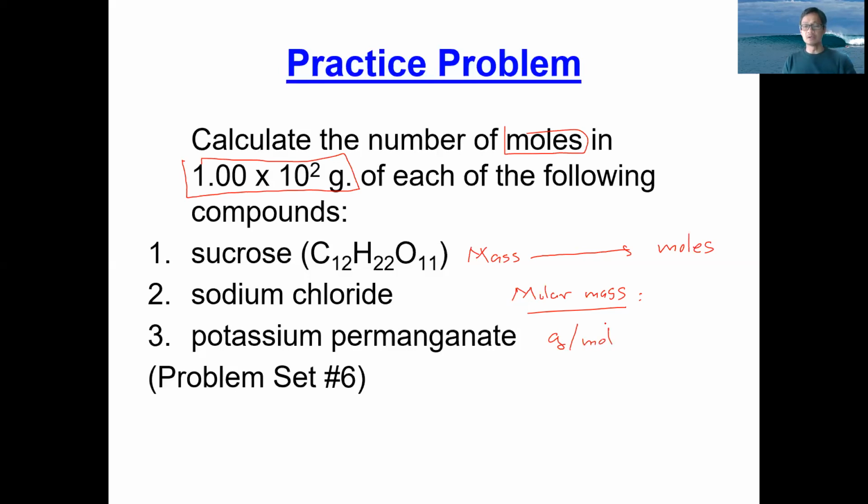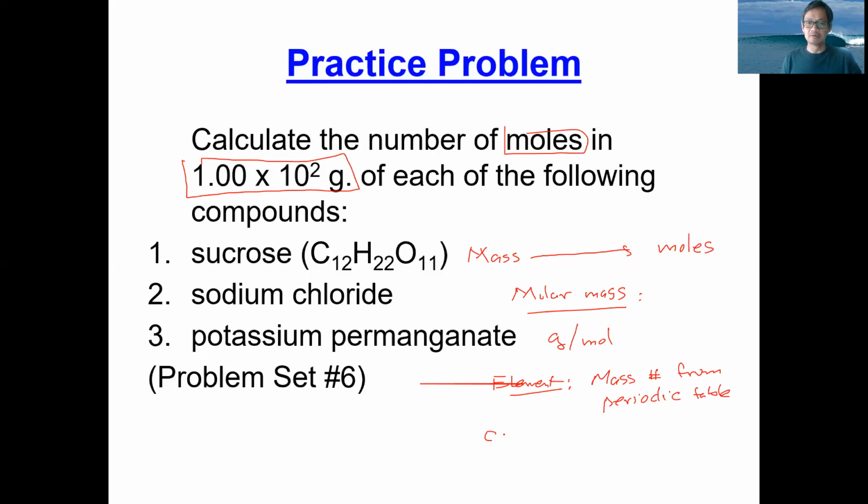For an element, we can get that directly from the periodic table, because the molar mass is just the mass number. So this is the mass number directly from the periodic table, and you don't have to calculate for this at all.